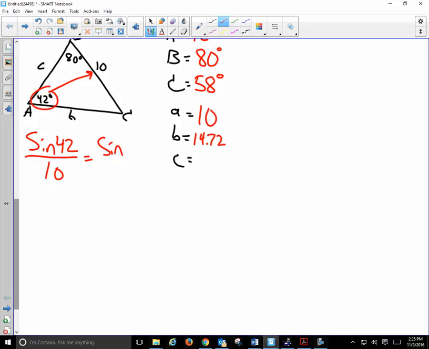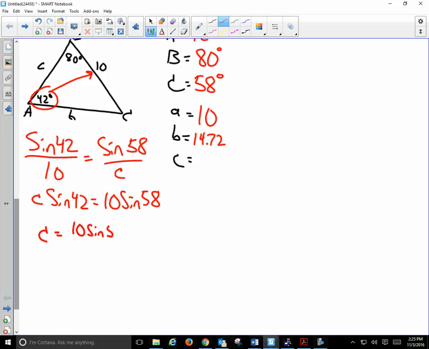Which is 58 over C. We cross multiply again. C sine of 42 equals 10 sine of 58. And divide. C is 10 sine of 58 over sine of 42.